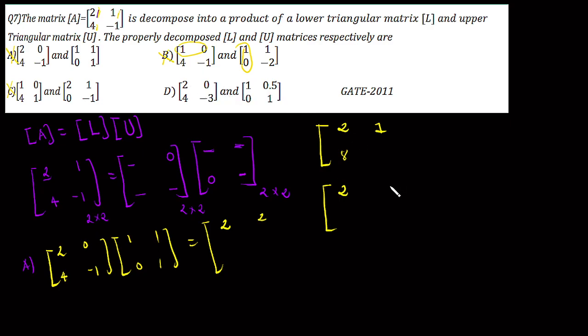Again here I am getting 1, here I am getting 4, and here 2 minus 3 again is 1, which is exactly the same as this matrix which is given in the question. So these two matrices are the proper set of lower triangular and upper triangular matrices which are decomposed of this matrix. So option D is the correct answer for this question. Now let's move to the next question.